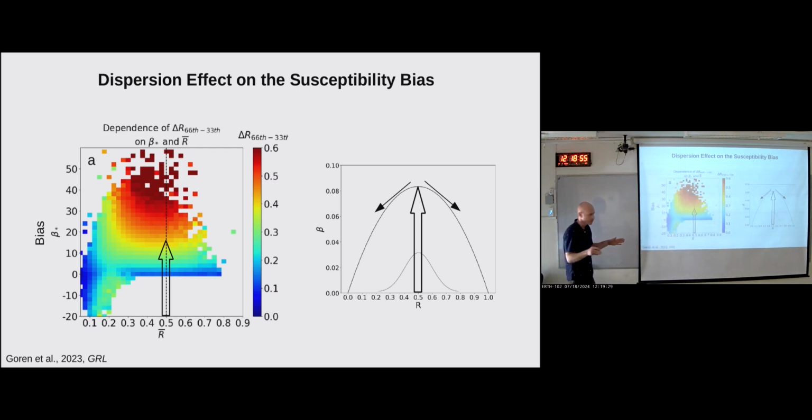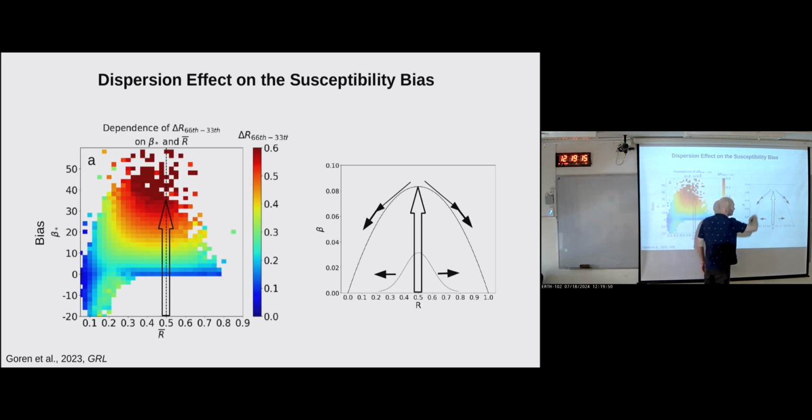We have a distribution, so for sure some will be above 0.5 and some will be less than 0.5. So they push the true susceptibility down to lower values. And if we increase the inhomogeneity, the interpercentile range is increasing, the bias is increasing because we take more and more pixels down here and the slope is increasing. So the bias is increasing.